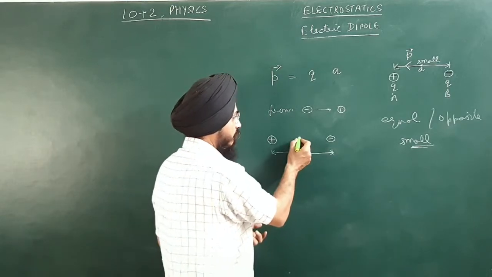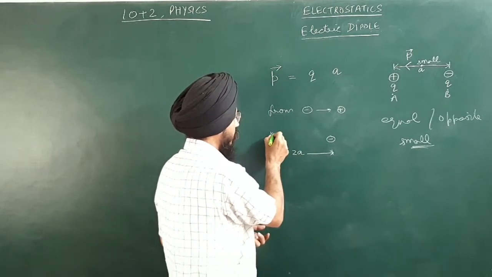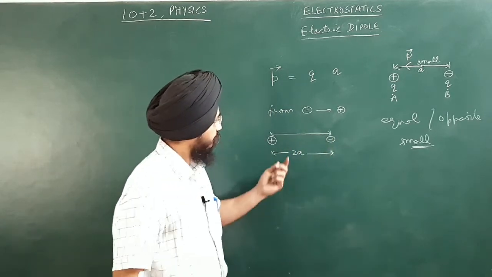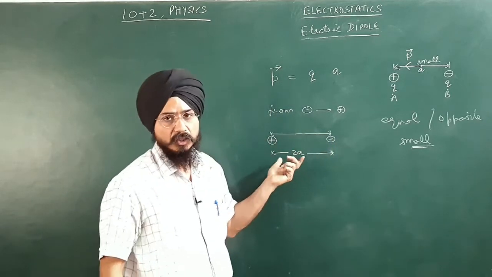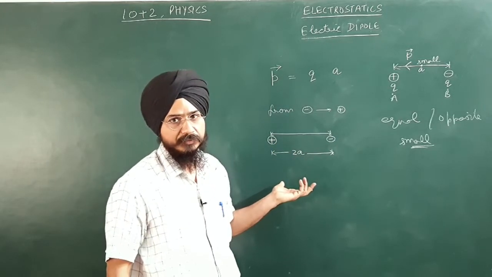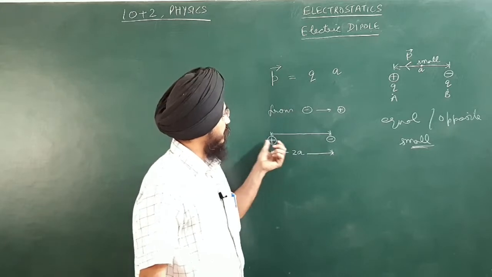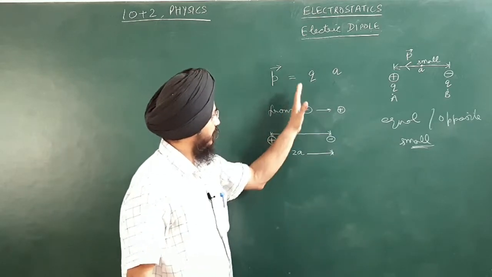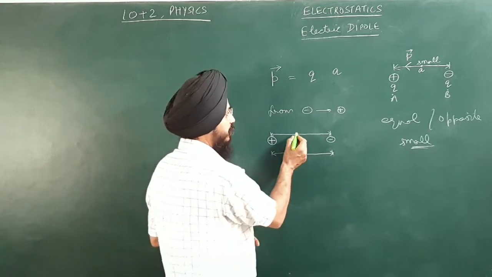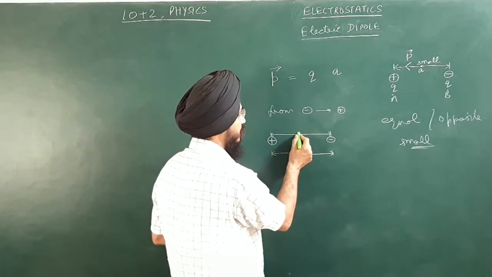Because when we do problems related to dipoles, or when we find the electric field of this dipole at any point, whether the point is on its axial line or in the equatorial plane or any other point, then we need a distance from the center of this dipole.